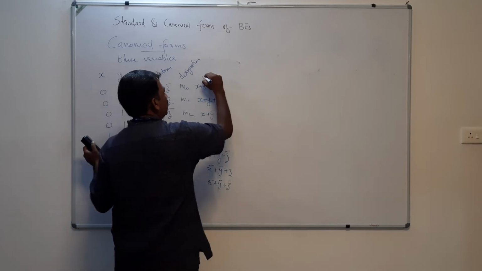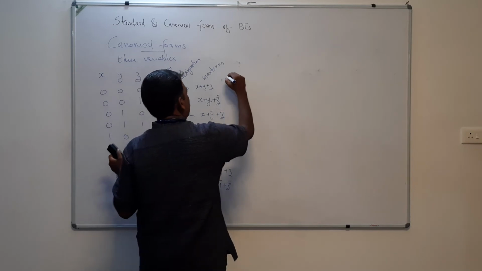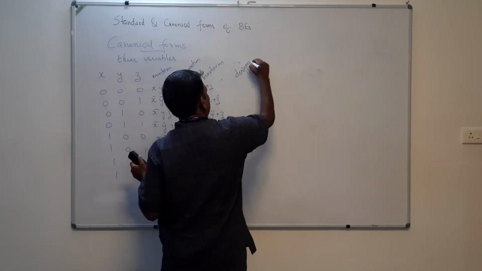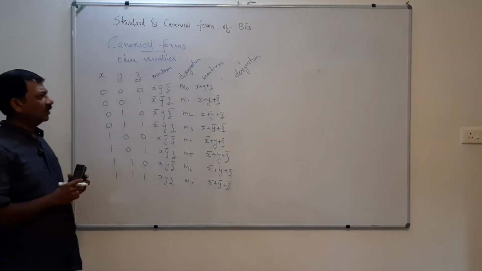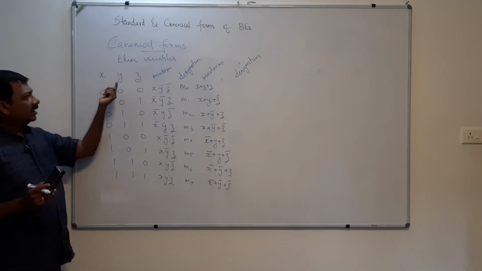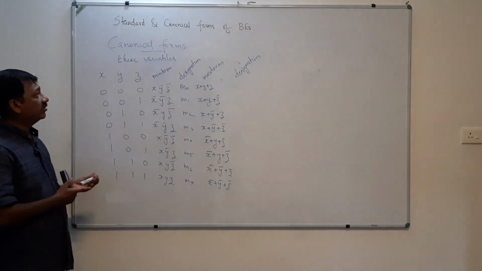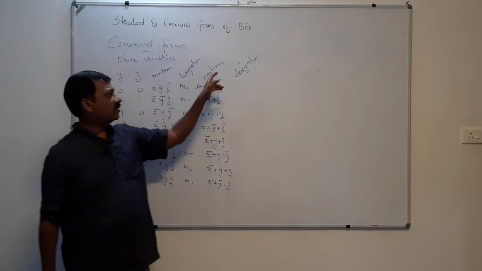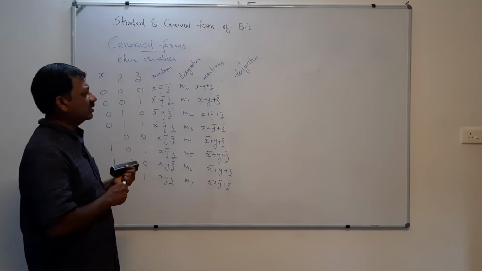This is the max term, and this is the designation of the max term. 0 0 0. This is x, y, and z. The x, y, and z are three variables, and now we are going to discuss what are min terms and what are max terms, and what are the designations of those min terms and max terms.